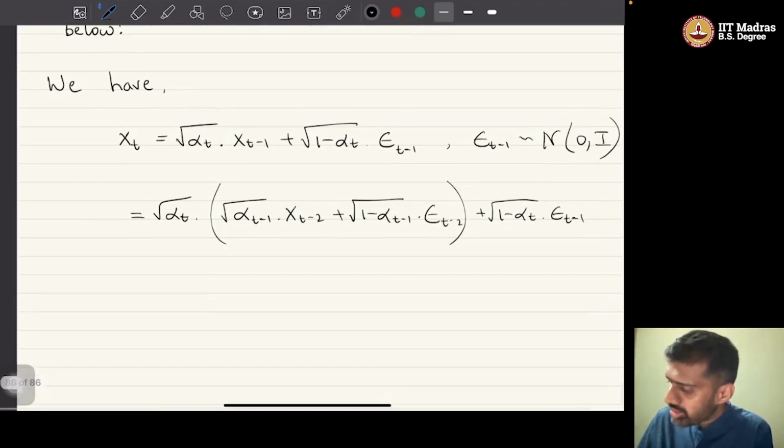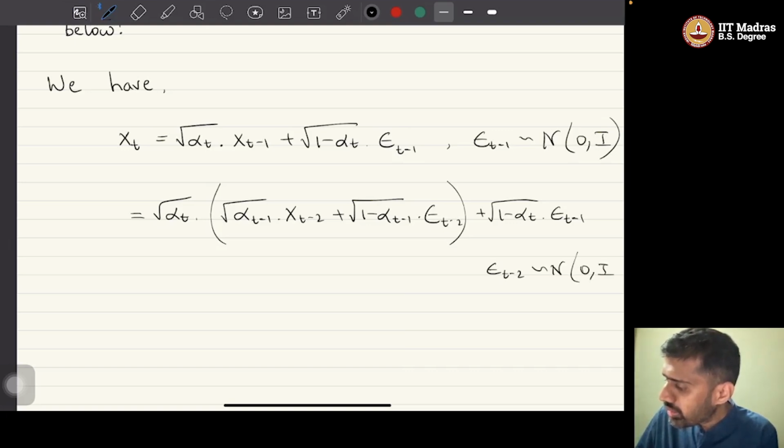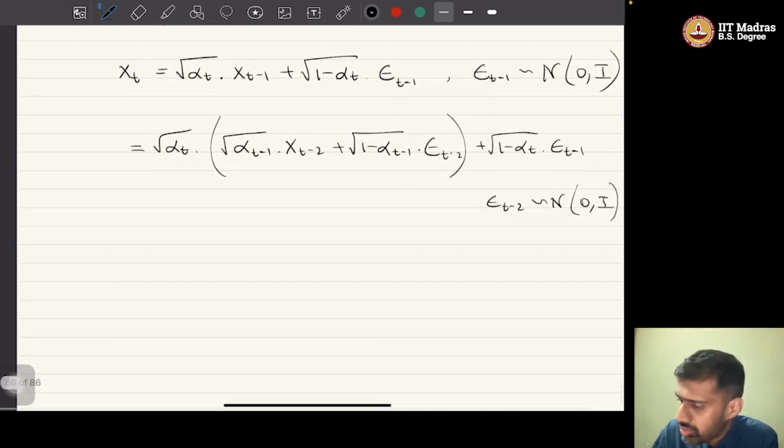Okay. Now, what is epsilon t minus 2? It is again another sample from a normal 0 1. Okay. So, you can look into that as an independent sample from normal 0 1, which is identical to epsilon t minus 1.